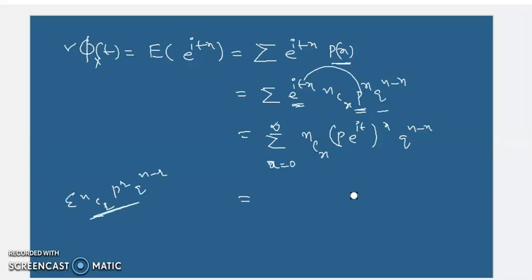What is the formula? In binomial we have the direct formula, that is (p plus q) whole power n.